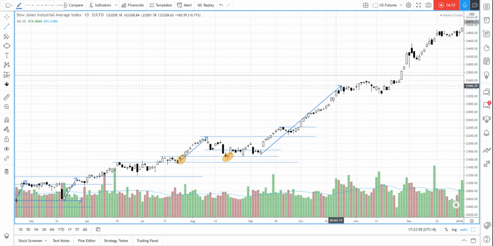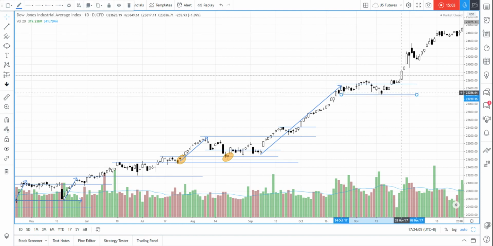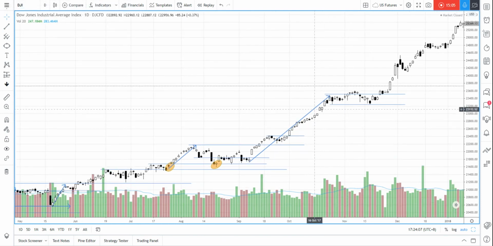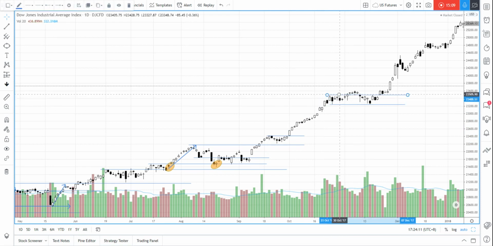Actually, we can see that this is kind of a shallow trading range. If we just draw up the support and resistance line here, you can see that. So we just mark up the swing high here, swing low.